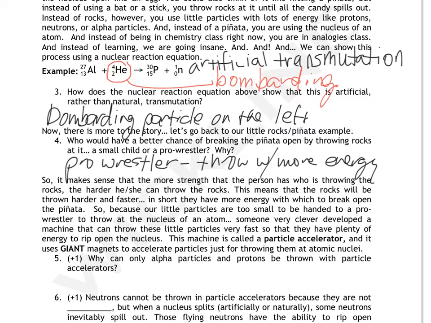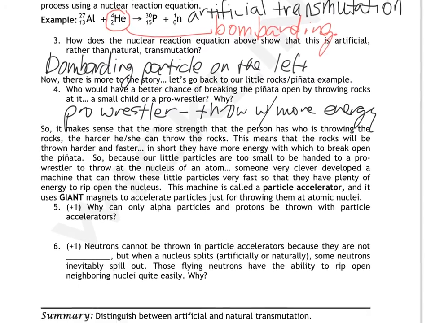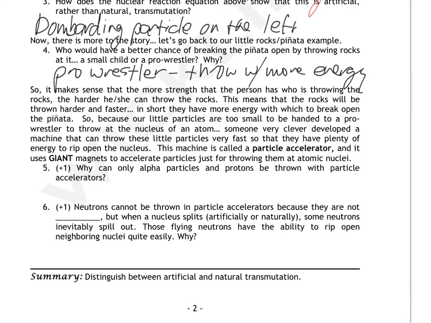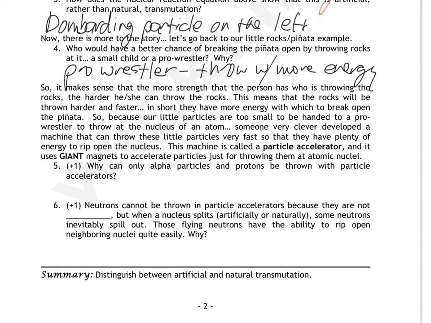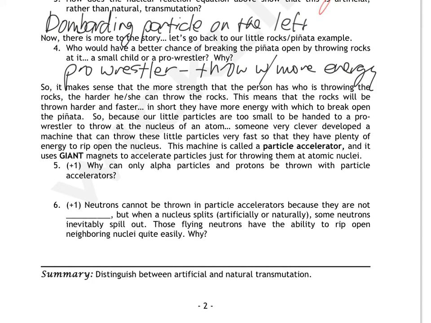So my answer is that the pro wrestler would probably have an easier time breaking open the nucleus with bombarding particles because he can throw with more energy. So in physics, we actually have a pro wrestler who can throw these particles at the nuclei, and it's called a particle accelerator. There are plenty all over the world.